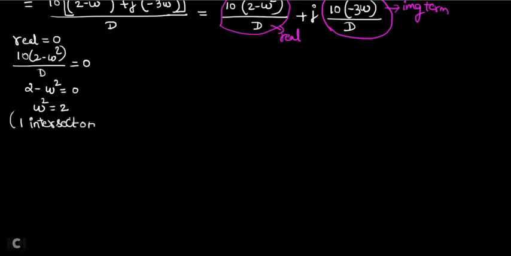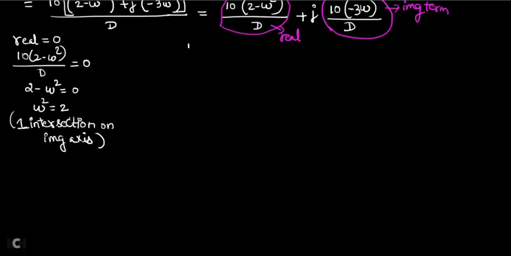On which one did you make it 0? The real part. When you made the real part 0, you got a non-zero omega value. That is the meaning: there is one intersection on the imaginary axis. Similarly, if you equate the real term to 0, you will know whether there is an intersection on the imaginary axis or not.